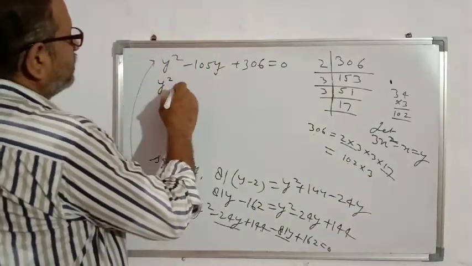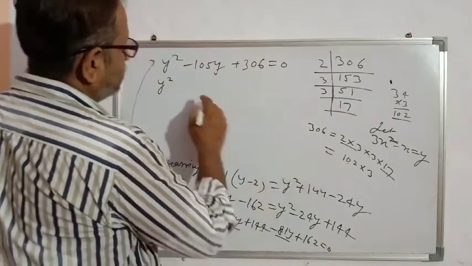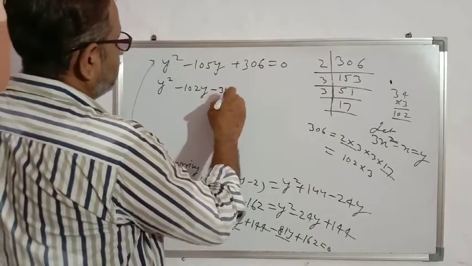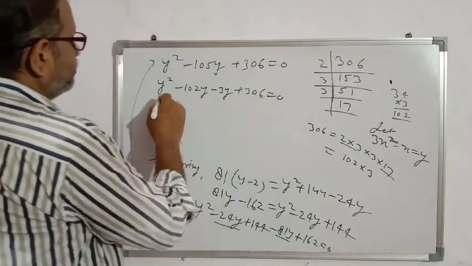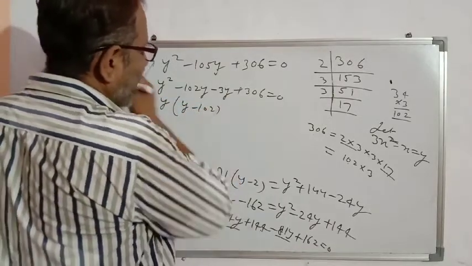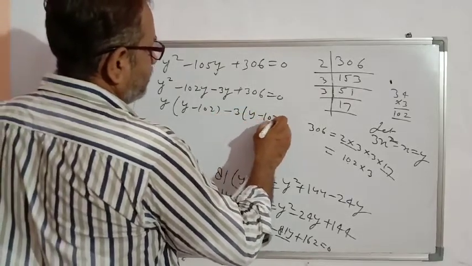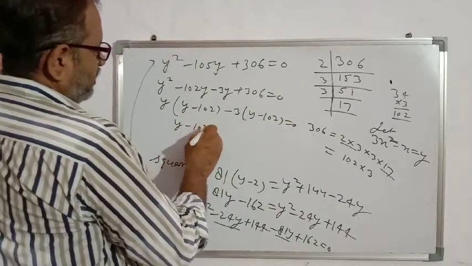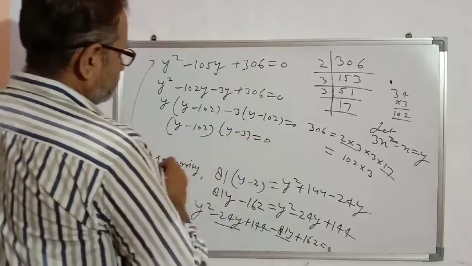So y square minus 102y minus 3y plus 306 is equal to 0. y common, y minus 102, minus 3 common, y minus 102 is equal to 0. y minus 102 is common in both, so y minus 102 times y minus 3 is equal to 0.